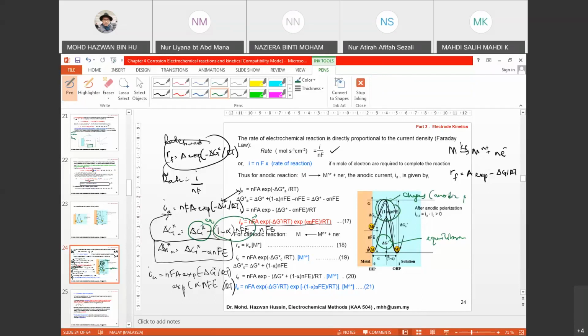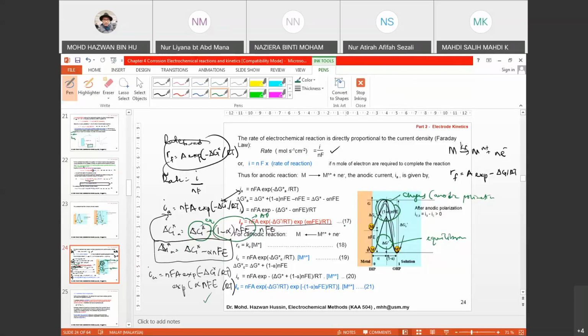Anodic polarization. So with anodic polarization, you have a new term for your anodic activation energy. Once you rearrange, you become like this, and you substitute into the final form, then you get this.